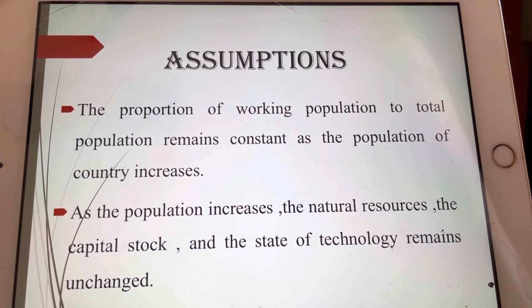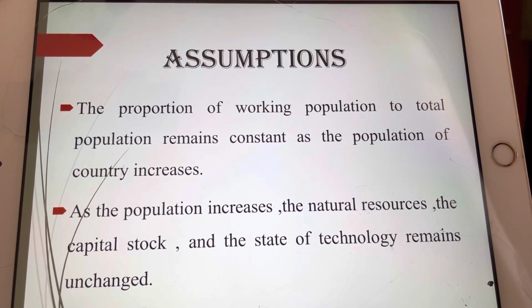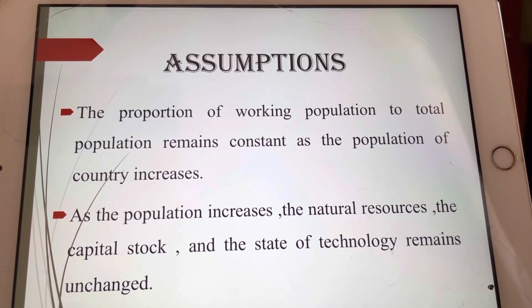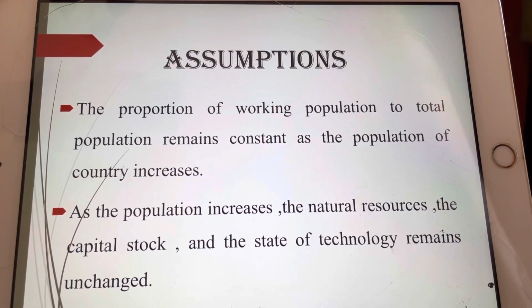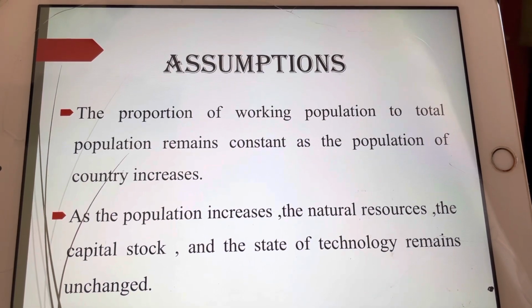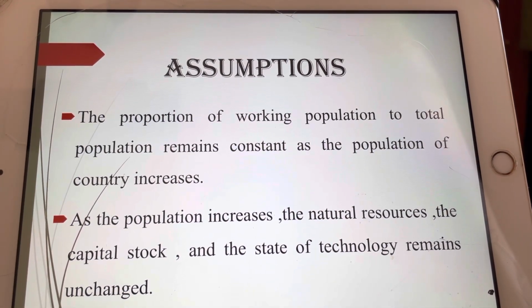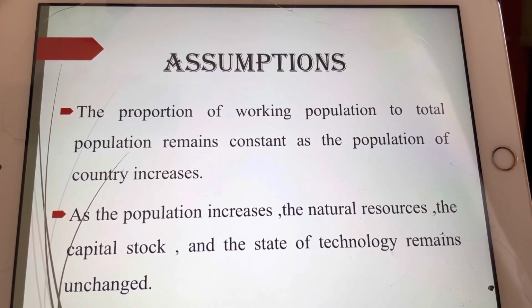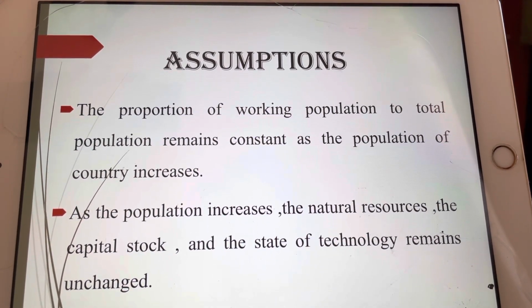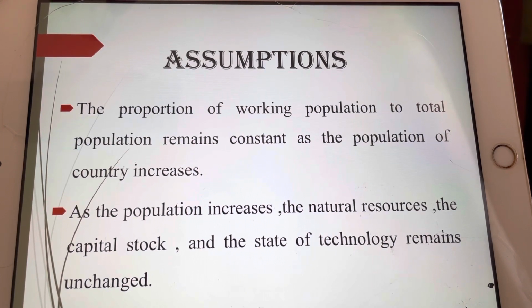It means that under the optimum theory of population, whenever the population of the country increases, the working population proportion remains constant, it does not change. मतलब population बढ़ती है तो उस population के बढ़ने के साथ जो working population का total number है वो नहीं बदलता है, वो constant रहता है.